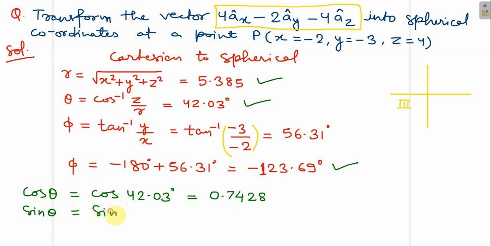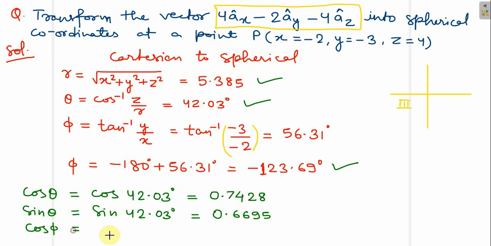Now similarly sin theta. Sin theta will be how much? Sin of this 42.03 means 0.6695. Okay, now what is cos phi?